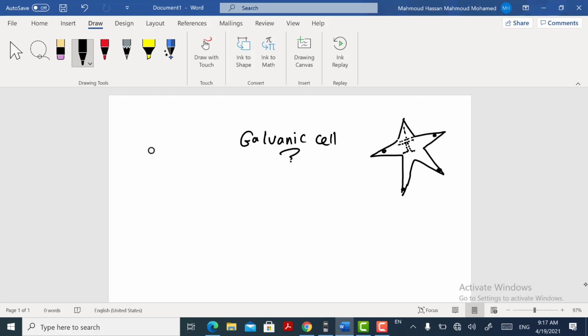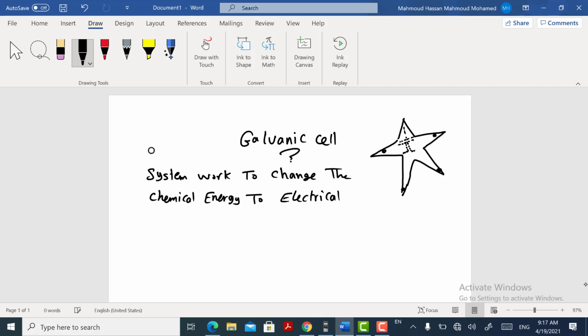This galvanic cell is a system that works to change the chemical energy to electrical energy through a spontaneous redox reaction.